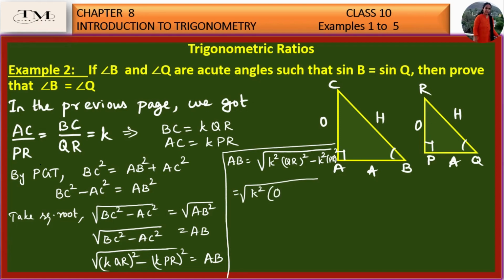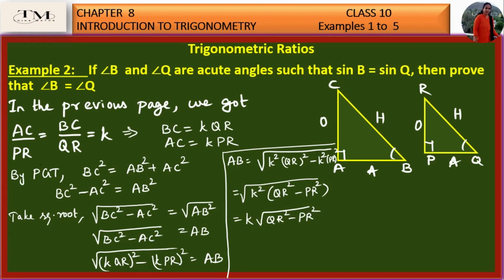Next that will be QR square minus PR square. So square root of K square: if in a square root some term is in a pair, we will get the answer as that term. K square is nothing but K into K, and the square root of K into K is K. So AB is K root of QR square minus PR square.